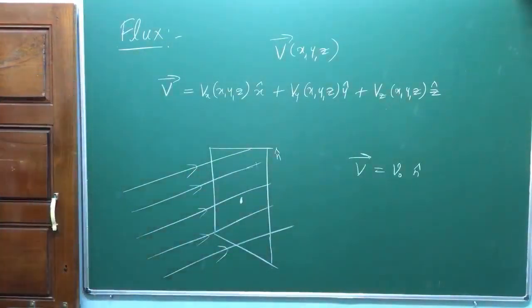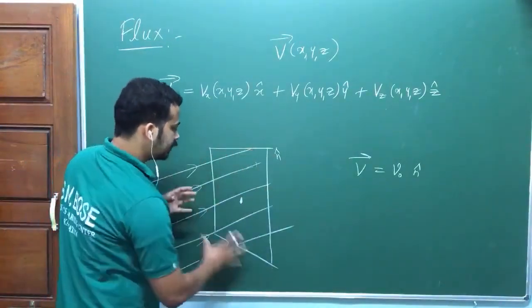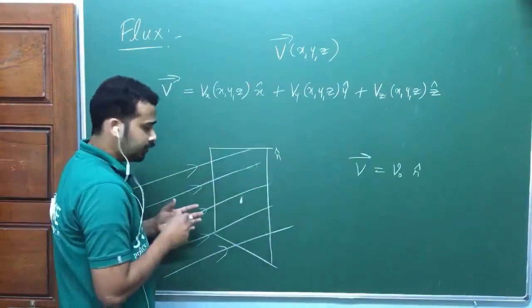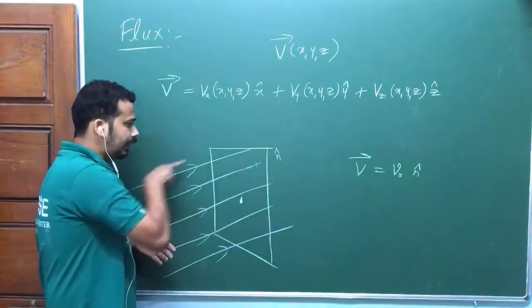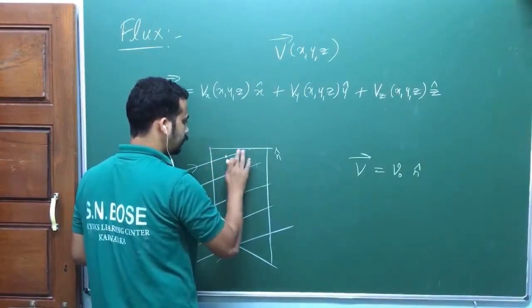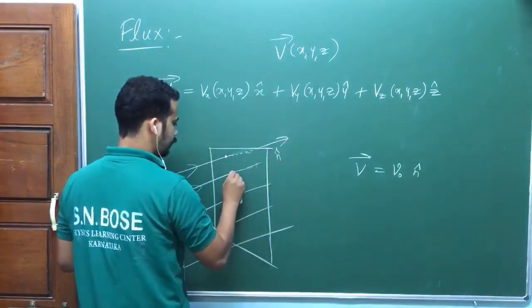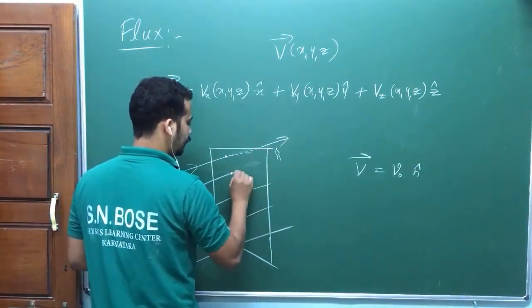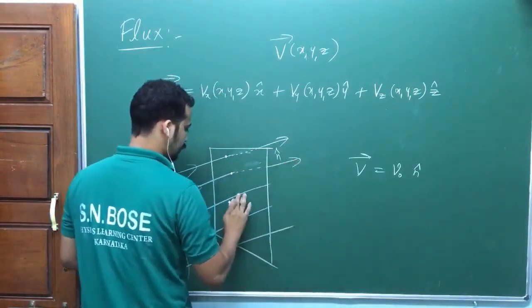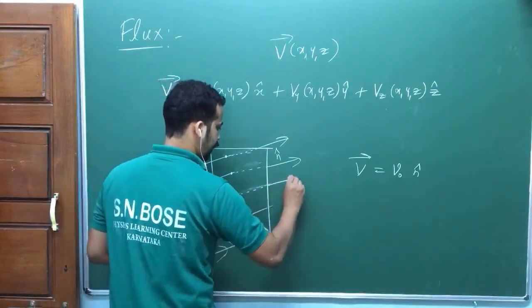Once I consider this imaginary plane, these field lines are passing through it. Am I right? These field lines are passing through that one, aren't they?